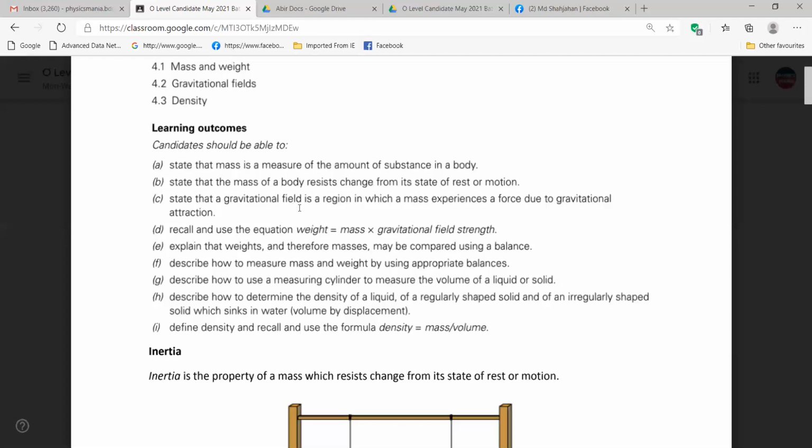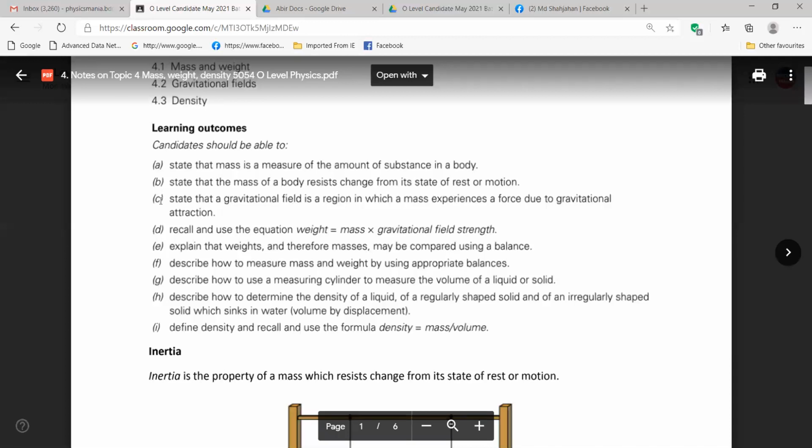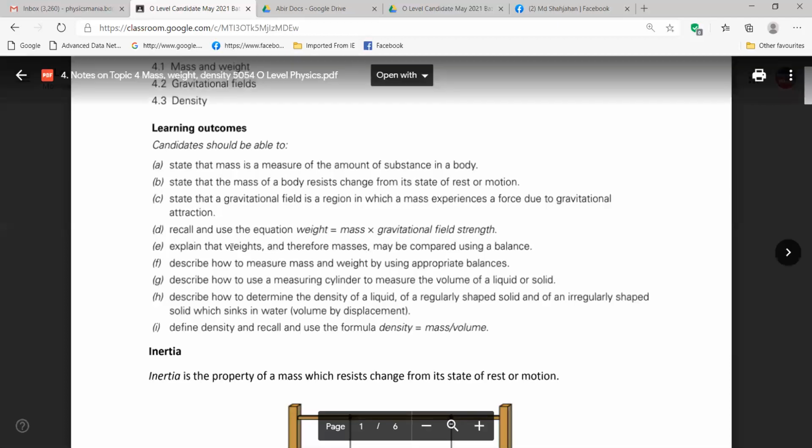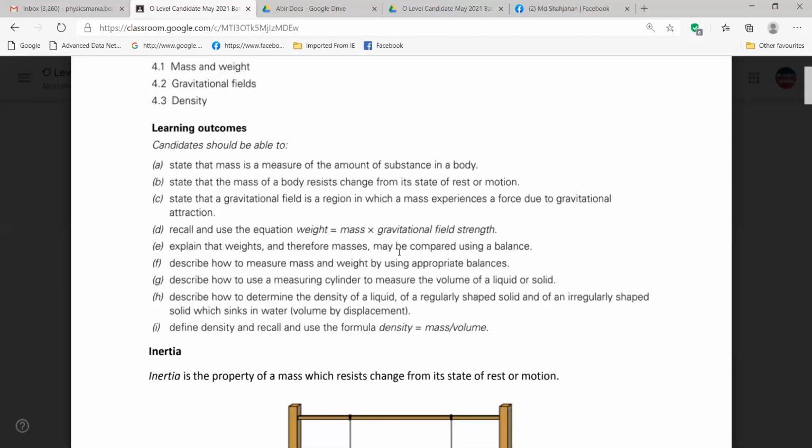Now we have C. In C, we are having gravitational field, right? Before going to gravitational field, we are discussing some more things about mass. Like here, E. In E, they are saying mass is measured using a balance.